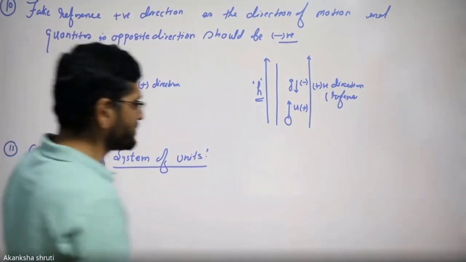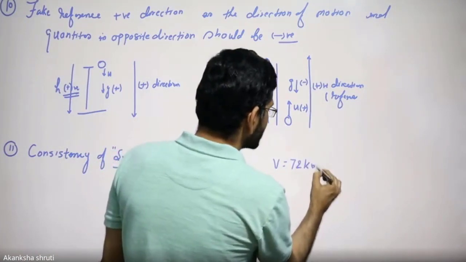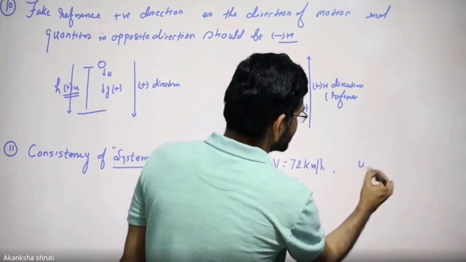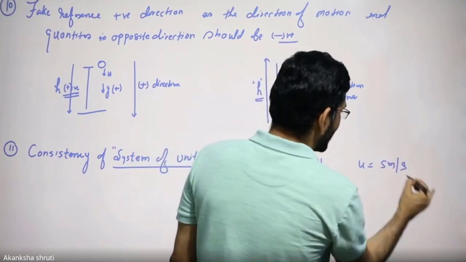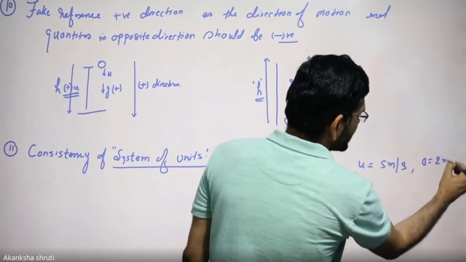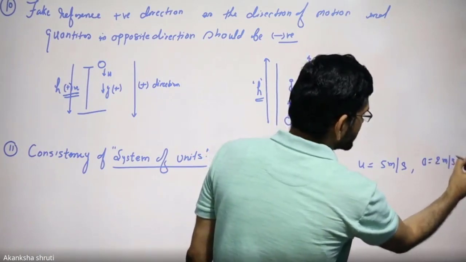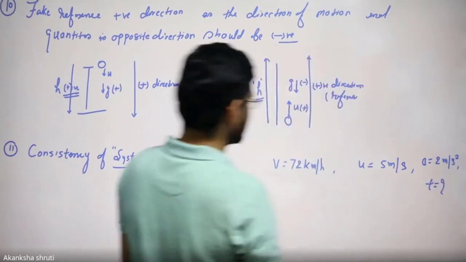Like if one speed is given as 72 kilometer per hour, but its initial speed was say 5 meter per second, and acceleration is given as 2 meter per second square, then it is asked in what time this change in velocity has occurred.